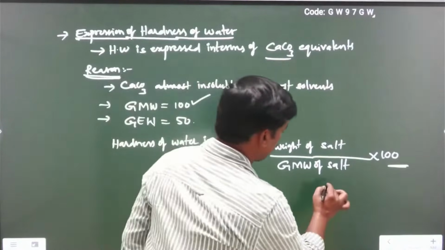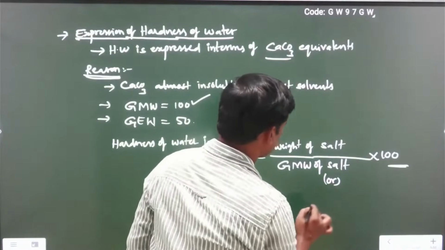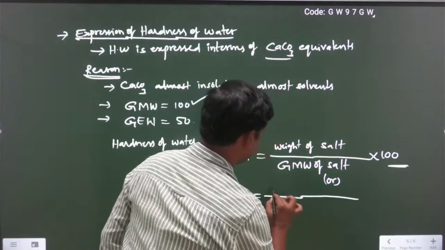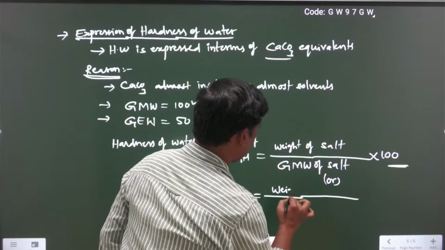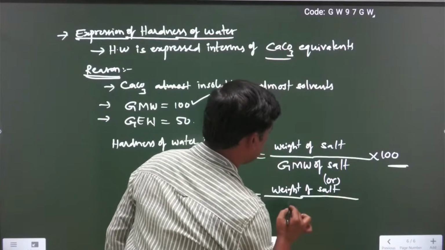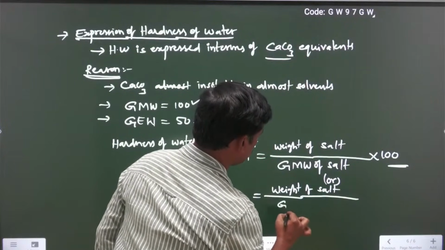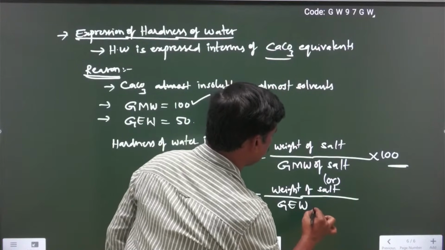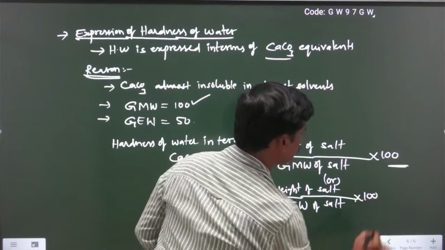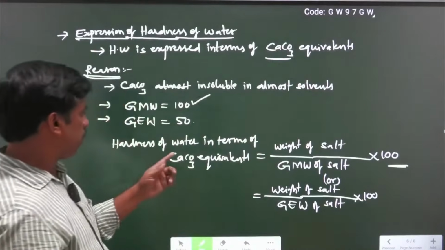Similarly, we have another formula. Whenever using gram equivalent weight, it is weight of salt divided by gram equivalent weight of salt, into 100.